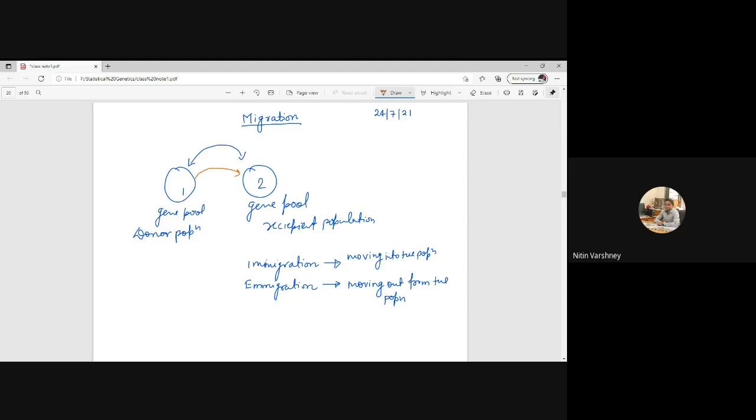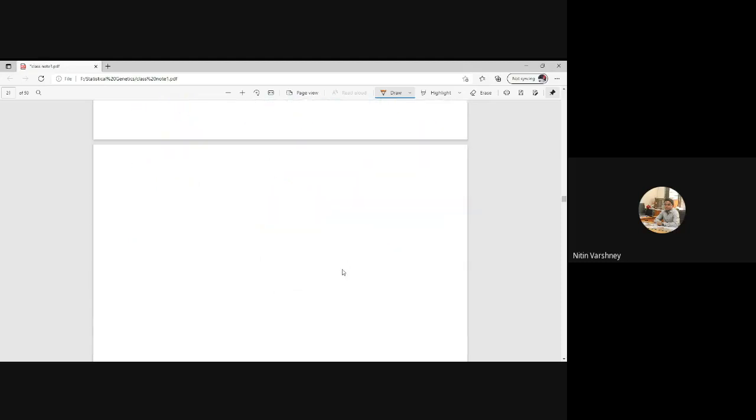This is emigration for gene pool 1, and moving into the population is immigration for gene pool 2. So suppose this is my donor population and this is the recipient population.